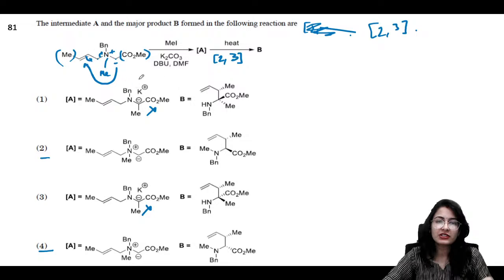So even if you rotate, even if we are rotating this, we cannot change the stereochemistry. The relative stereochemistry cannot be changed. This is also trans and this is also trans. They are basically pointing outside.